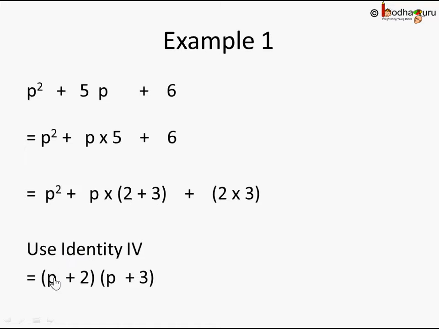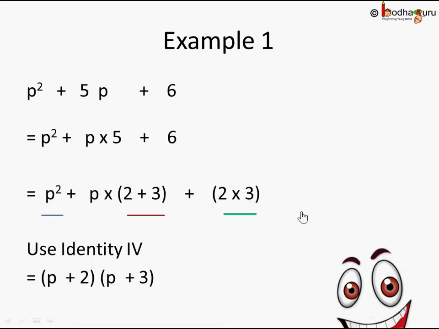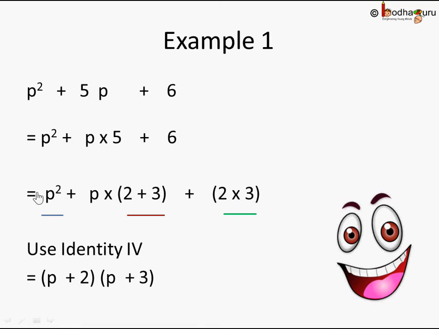So we can write it as (x + a), that is (p + 2), into (x + b), that is (p + 3). So this expression of 3 terms is now written as (p + 2) into (p + 3), product of 2 factors. p + 2 is one factor and p + 3 is another factor. Right? So using identity 4, we simplified it.